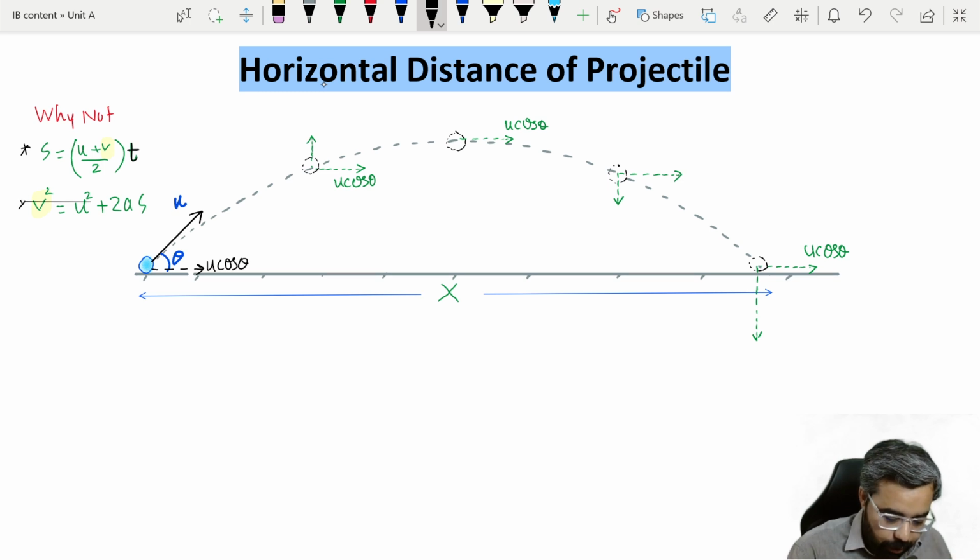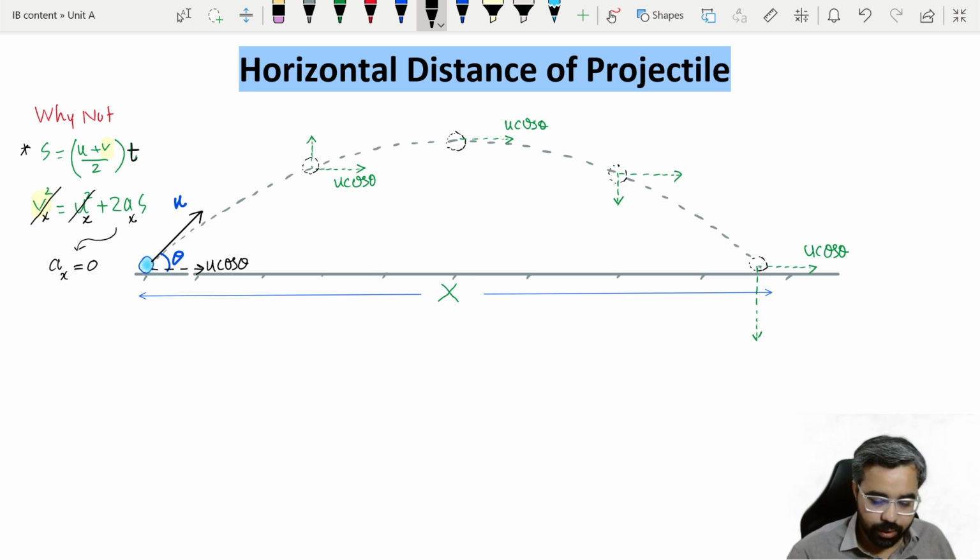And if you want to use the other equation, it will not make sense, because the x component of the initial and final velocities are the same, so both will cancel out, and the equation will not give us a sense. In fact, it will prove that ax is equal to 0, which we know very well, because if there is no air resistance, then ax is equal to 0. So both of these equations fail to find the horizontal distance if you don't know the time.